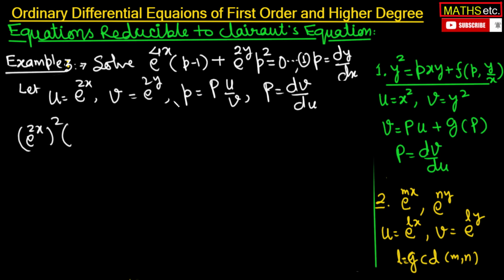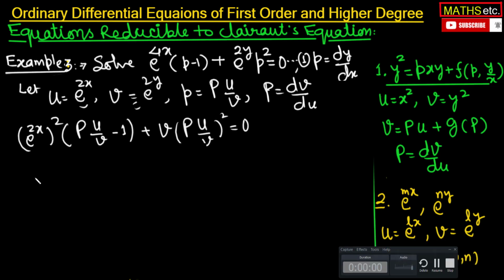In place of p, we will write capital P u over v, minus 1, plus e raised to the power 2y is v, times p square, which is capital P u over v whole square, equals 0.